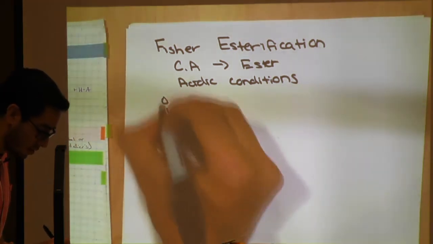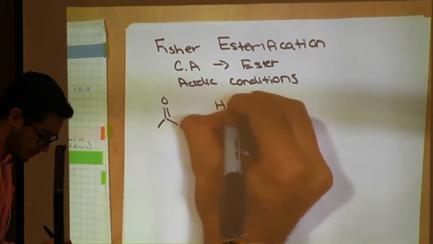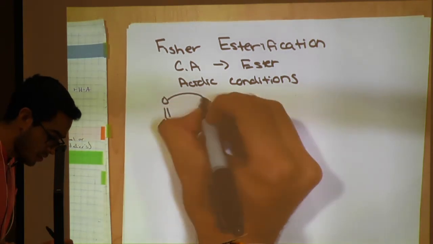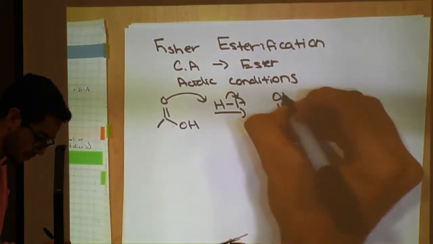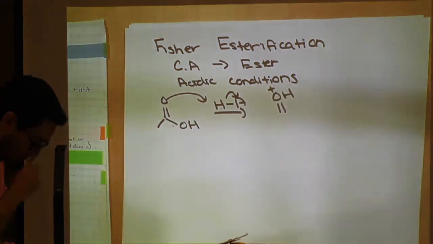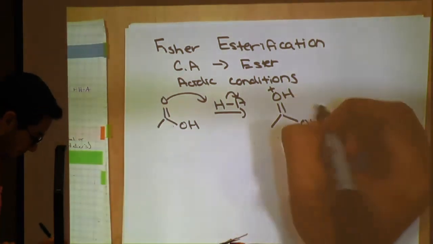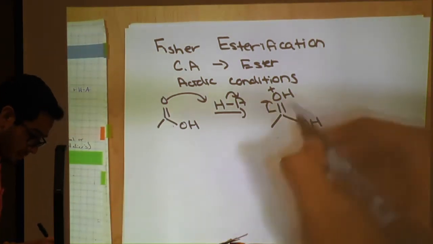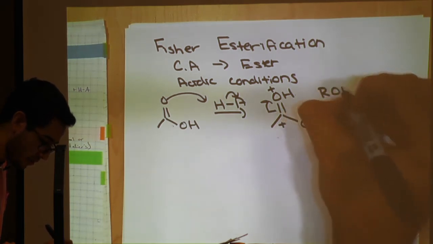So starting with our carboxylic acid, when we add acid, it's going to go ahead and react in the general way it has been reacting all throughout this session. Right? That's going to create a carbocation here, which then can be filled in by ROH.